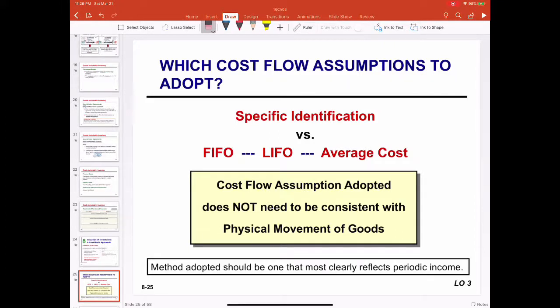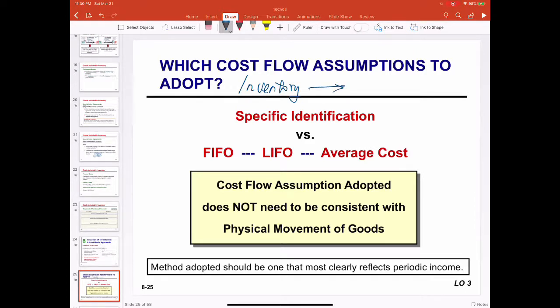In this part, I'm introducing the cost flow assumption. This part is regarding when the firm sells its inventory. We know if a firm has inventory, the purpose of holding inventory is to sell it and earn revenue.